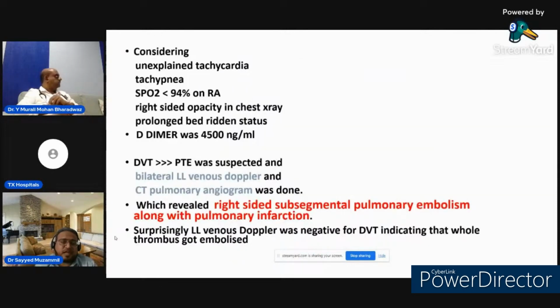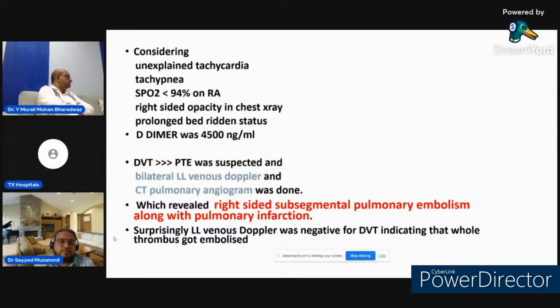Considering his unexplained tachycardia, tachypnea, saturation less than 94% on room air, and right-sided opacity in the chest X-ray, and that he was bedridden for more than 25 days, we did a D-dimer, and it came as 4,500 nanogram per ml. So the possibility of deep venous thrombosis leading to pulmonary thromboembolism was suspected, and bilateral lower limb venous Doppler as well as CT pulmonary angiogram was advised.